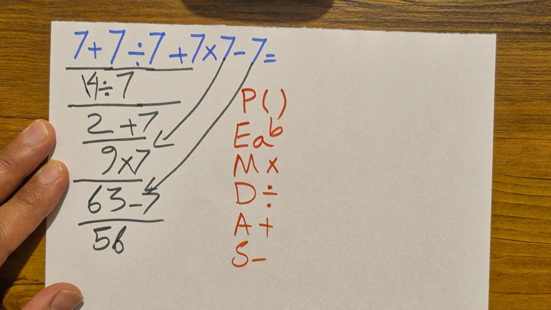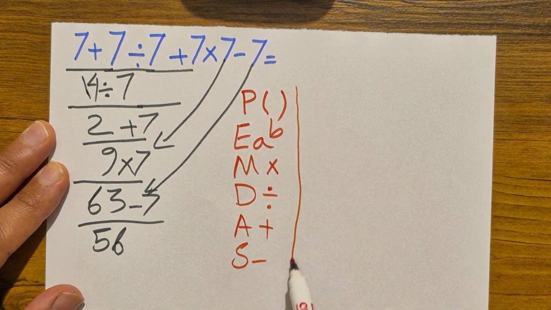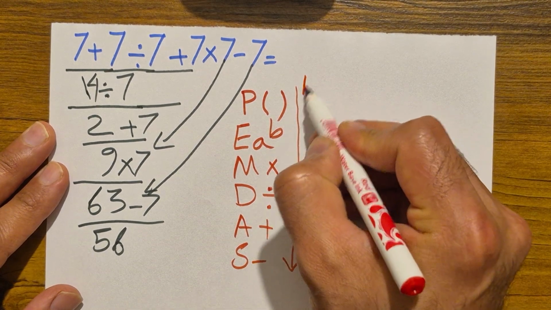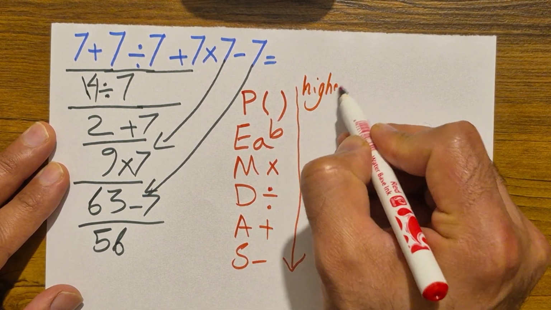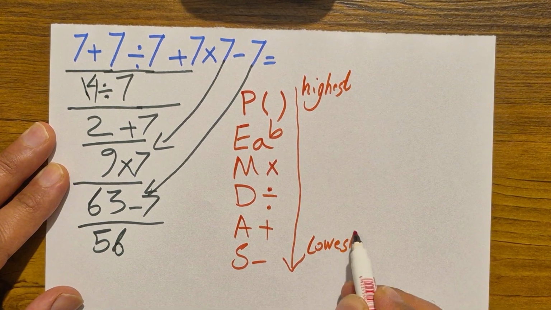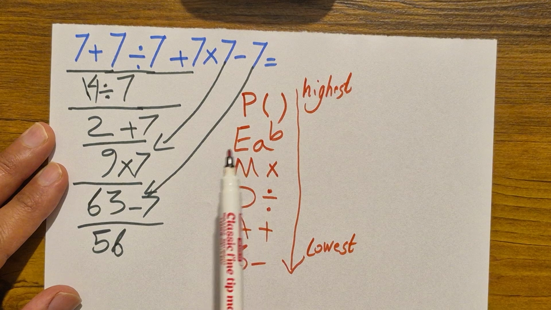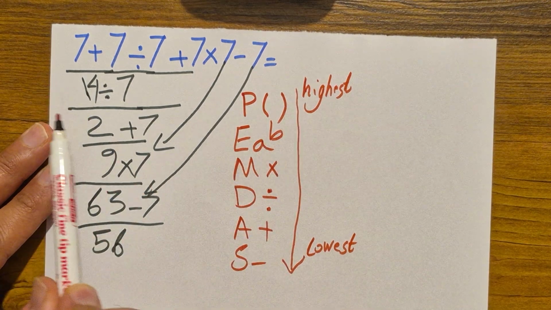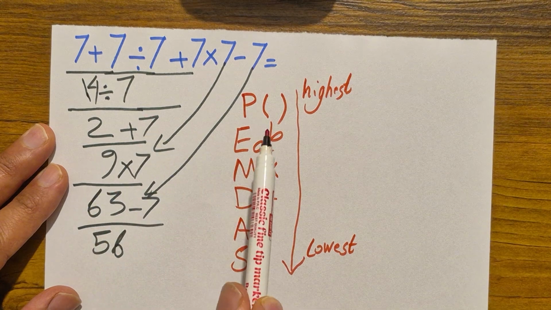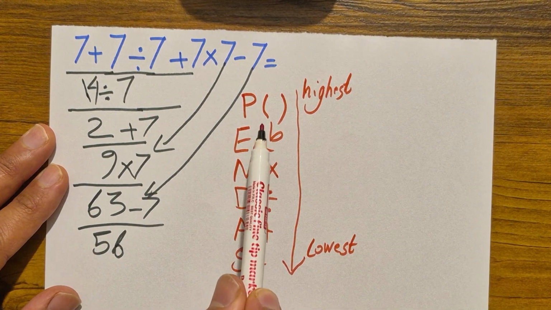And S stands for subtraction. And this shows us an arrow, a vector from highest to the lowest priority. So it means that if you have different and numerous operations in an expression, just follow PEMDAS.